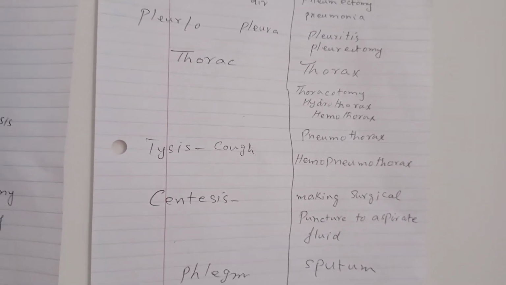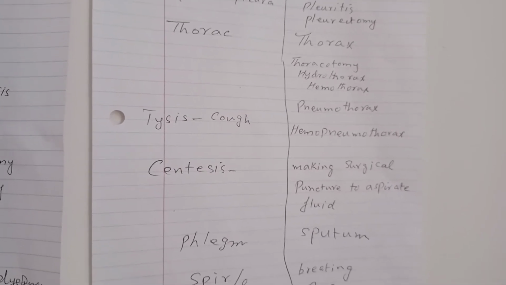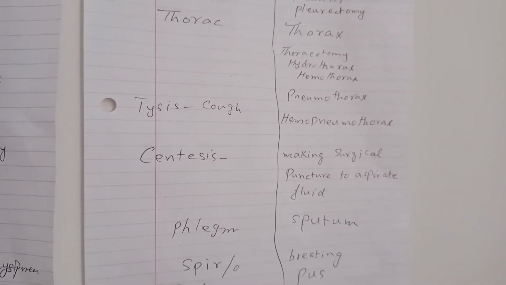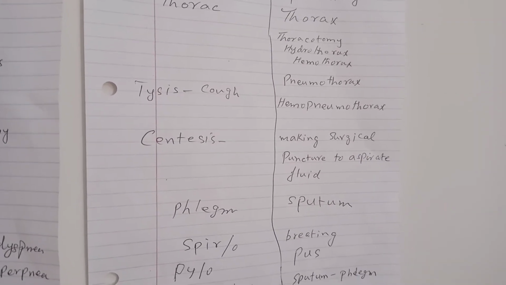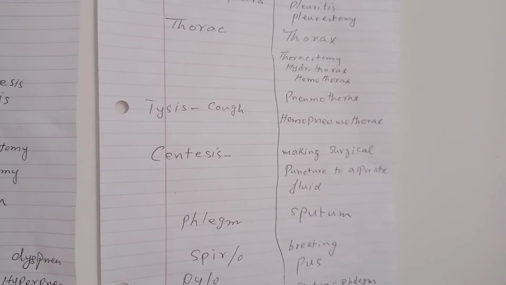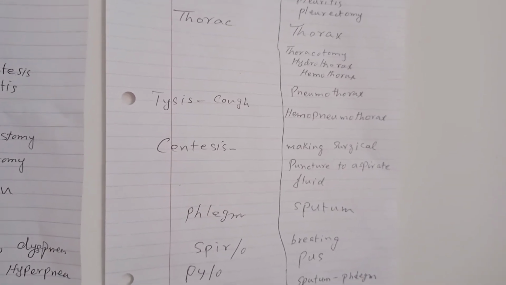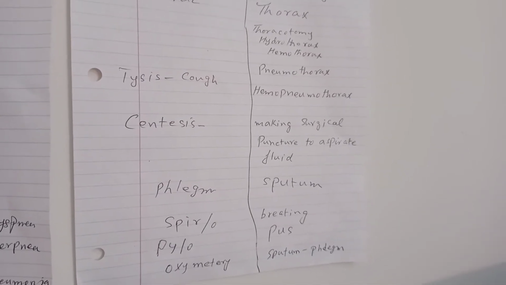This space contains some fluid, which is known as pleural fluid. This fluid protects the lungs while we are breathing again and again. The lung may touch these ribs and get injured, but this fluid protects it. It keeps it moist.